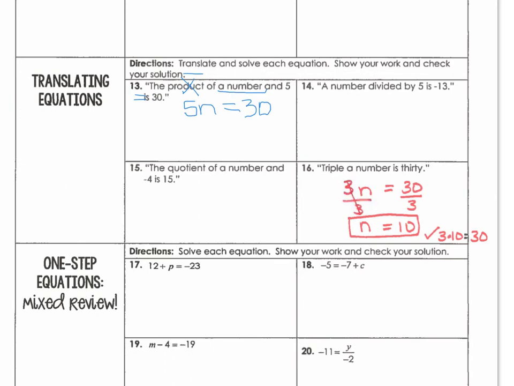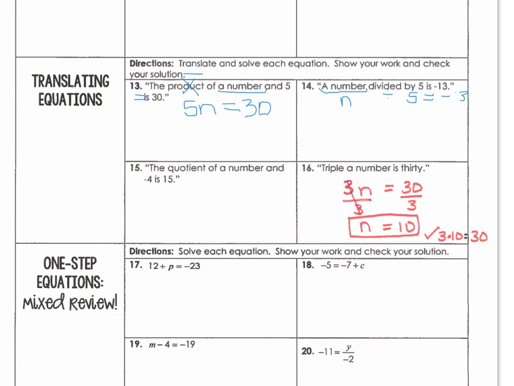All right, 14. A number, okay, so that's where we pick our variable. Divided by, that means division, by 5, and then the is my equal sign, -13. So all I did was decode that into numbers and symbols.